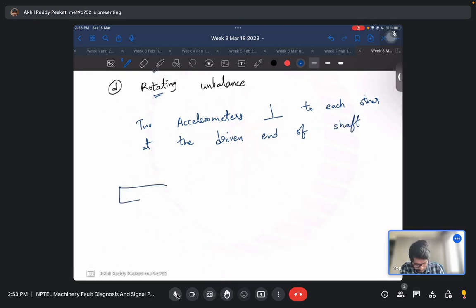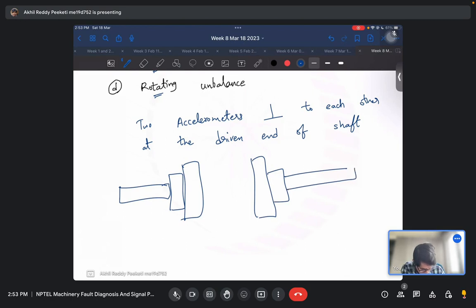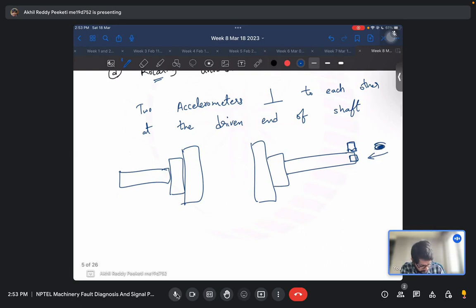So you have these two shafts, and you can keep one accelerometer here and one here. If you look from this side, you will see on the shaft one accelerometer here and one accelerometer here, accelerometer 1 and accelerometer 2.